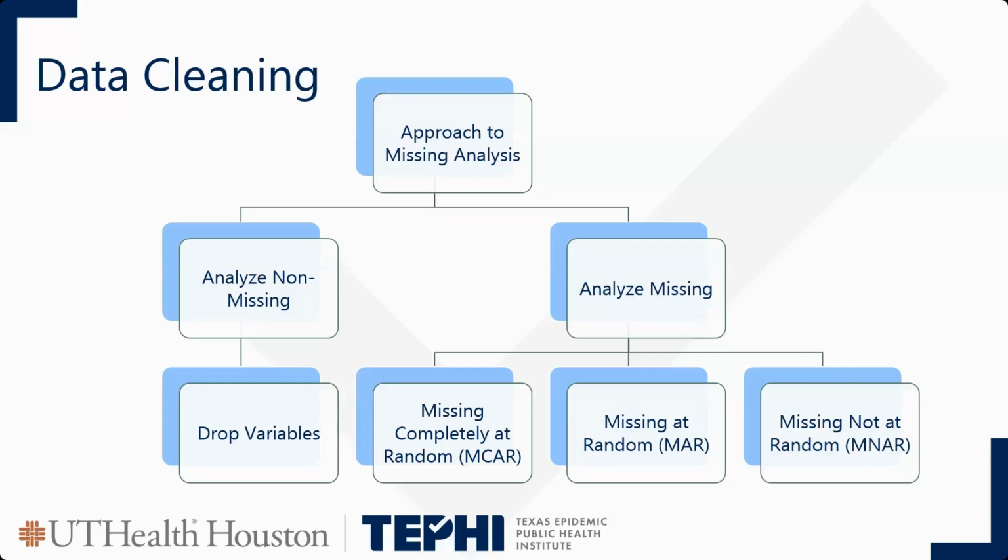And then missing not at random will cause complete bias, in that there's a specific reason why this information is missing, such as a patient refusing to disclose XYZ due to fear that they might be deported or that immigration might get involved based on their status. And we'll talk more about this in detail.